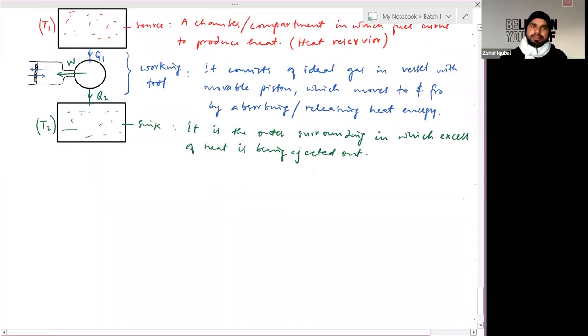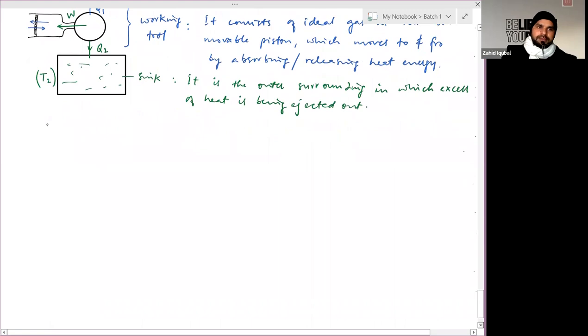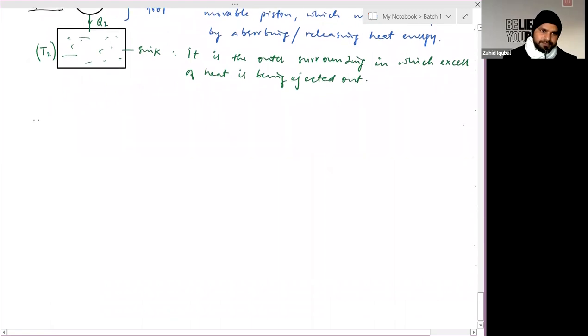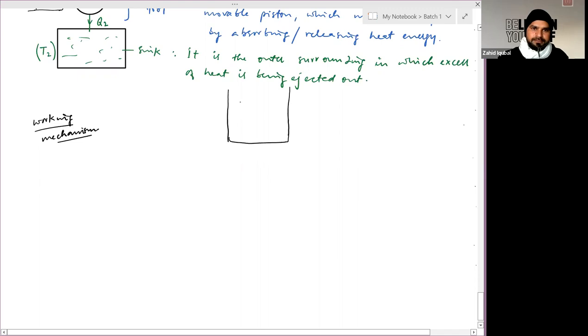Now, to define the working mechanism of the heat engine, suppose this is gas enclosed in a vessel with a movable piston.